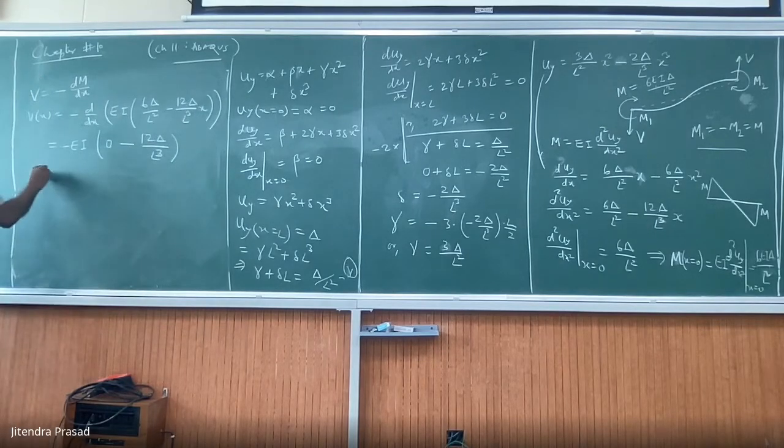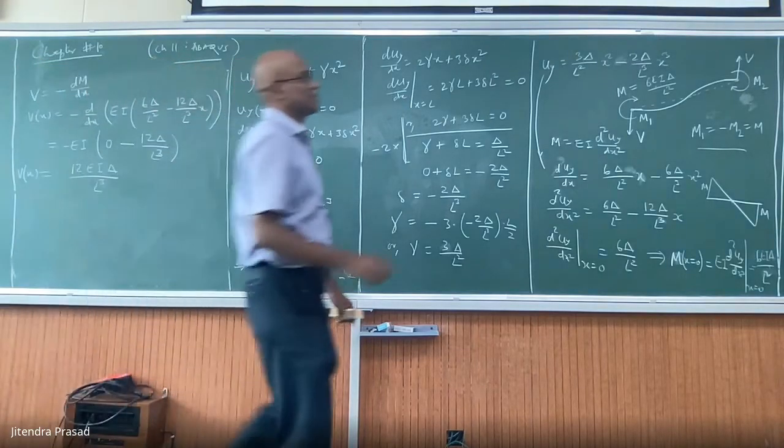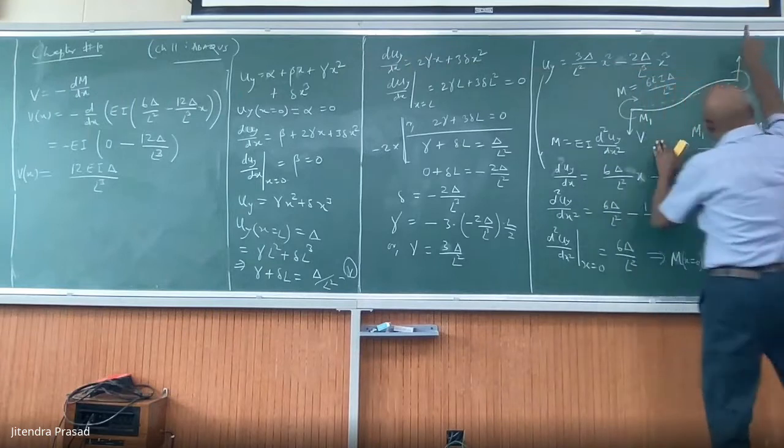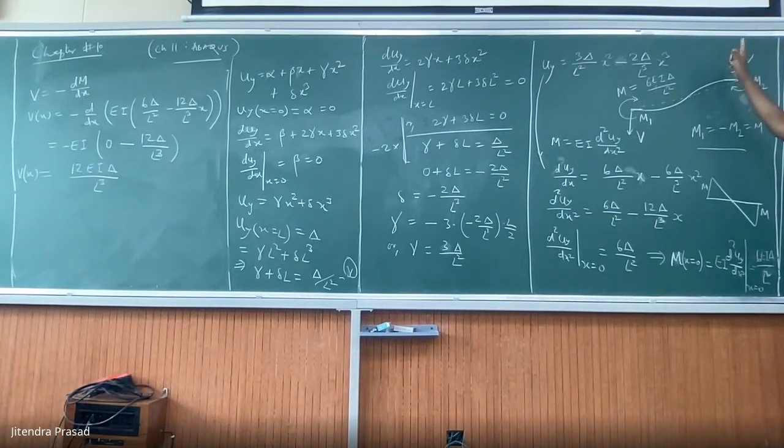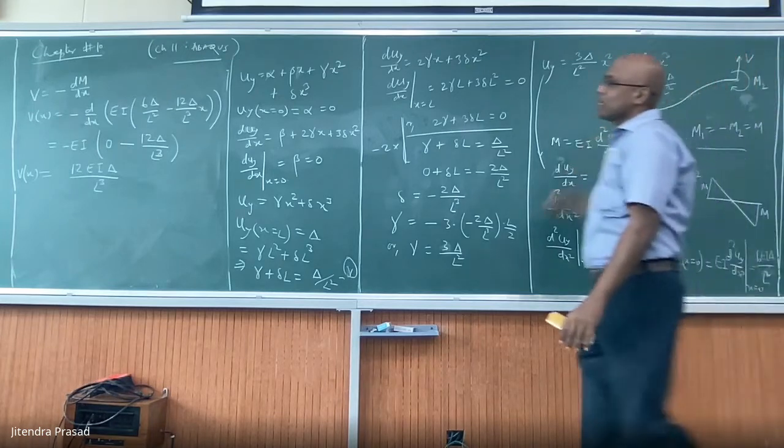And what do we get here? We get minus plus, so 12 EI delta over L cube. And it's constant, everywhere it has the same value. That really means it's positive at the right end, then it is upward, that is how we assumed, and it is downward there.